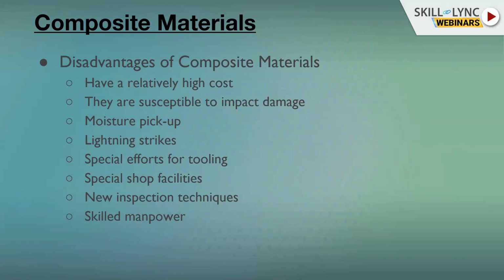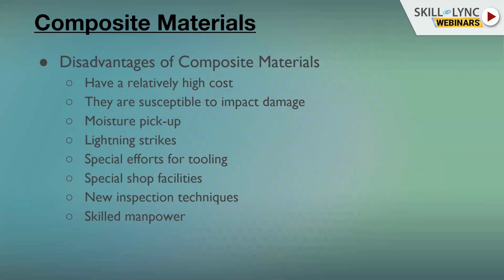The other one is moisture pickup. This is particularly a problem when there are parts which use core inserts to increase the section thickness and rigidity. Whenever we have cores, these cores tend to absorb moisture, and with temperature variation, that is rise or fall in temperature, the core tends to behave in a different manner and reduces the strength and rigidity of the composite panel.